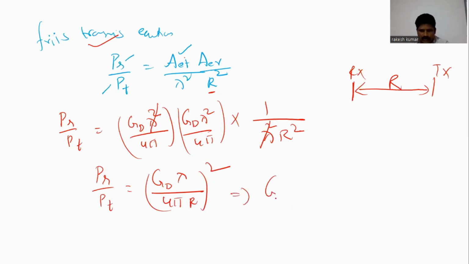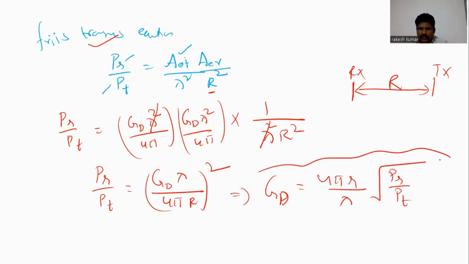From this, GD, the gain of the antenna, is equal to 4 pi R by lambda into root of PR by PT. So this is how you can calculate the gain by using the absolute gain method.